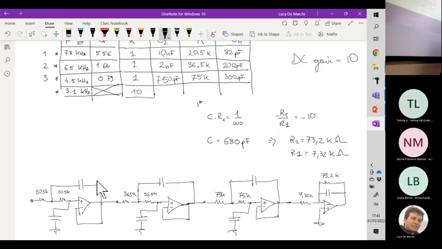In the first case, we have a capacitance which is 82 picofarad here and 10 nano here. Then we have 200 pico, and 2 nano.